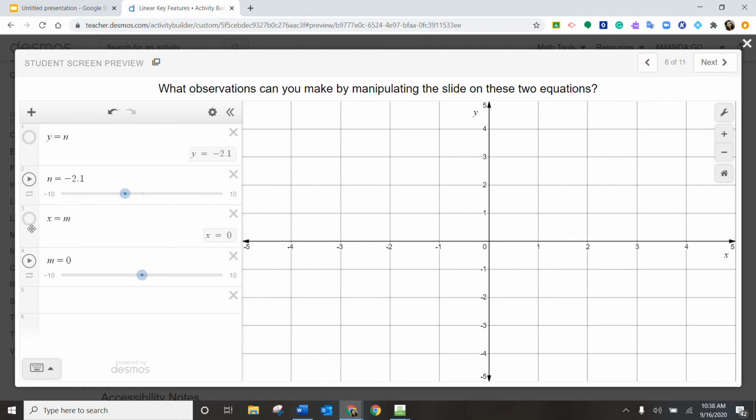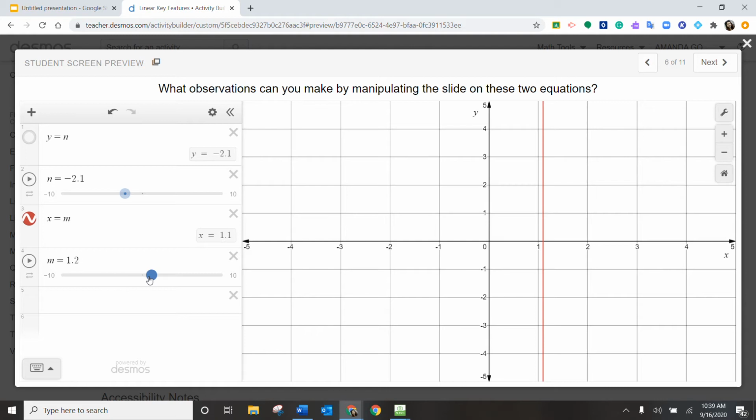So let's take a look at the red line. Right now, my red line is x is equal to 0. And it gives me another line going across this way this time. Now it says x is equal to 1.